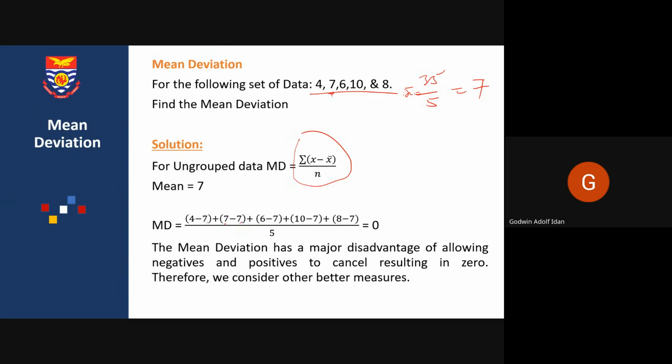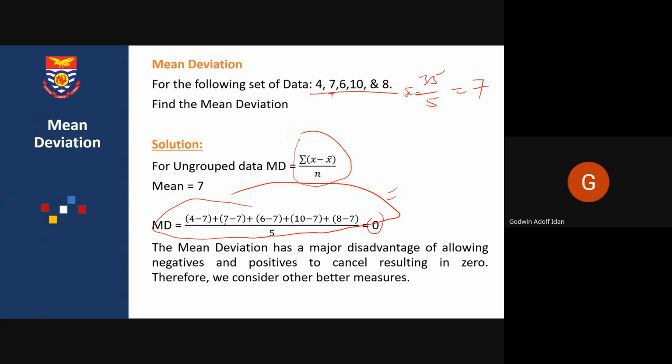Then we bring our summation sign again. Then we go for the next one, which is 6 minus 7, plus 10 minus 7, and then finally 8 minus 7. Normally, when you calculate the mean deviation, your answer normally approaches 0.